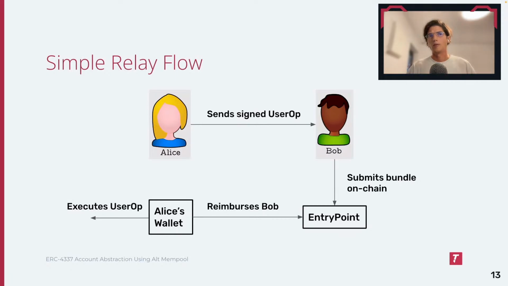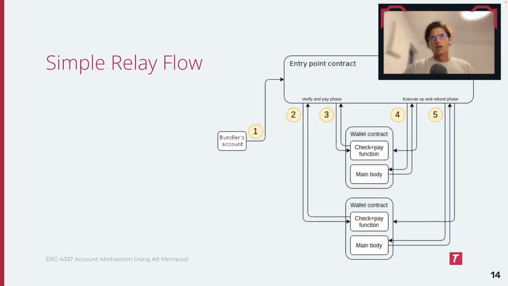We could imagine that some kind of post-quantum signature scheme is being used in Alice's wallet. And like I mentioned, we don't want to make any assumption on what kind of signature verification scheme Alice is using.